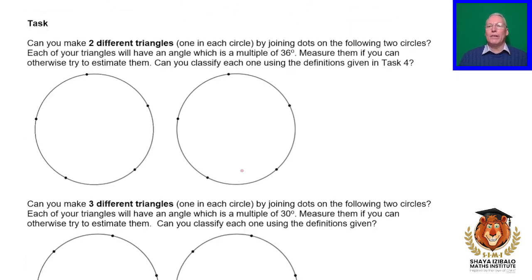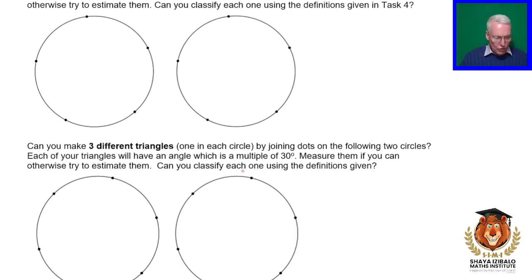Right, now the next thing we're going to ask you to do, we're going to see if you can make two different triangles by joining dots in these circles. Each of them will have angles which are a multiple of 36 degrees. So the first thing we could do is join two dots that are next to one another.